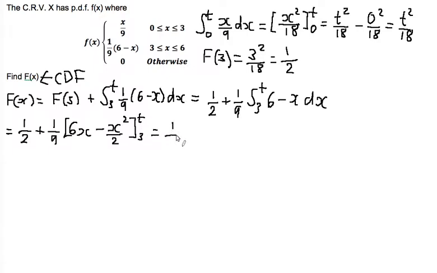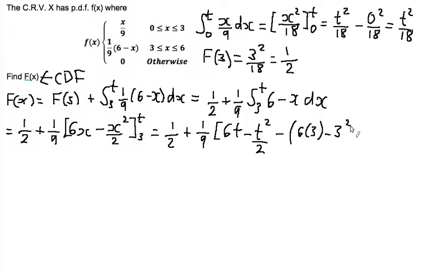So we get a half plus 1/9 times, putting the t in, 6t minus t squared over 2, minus, putting in the value of 3, 6 lots of 3 minus 3 squared over 2.